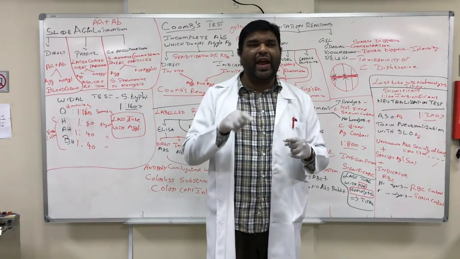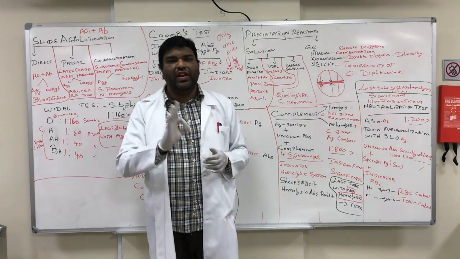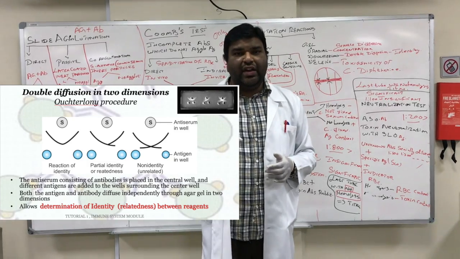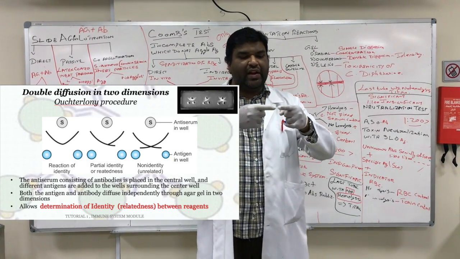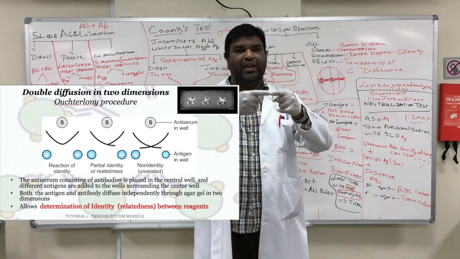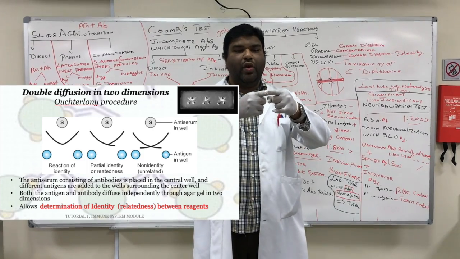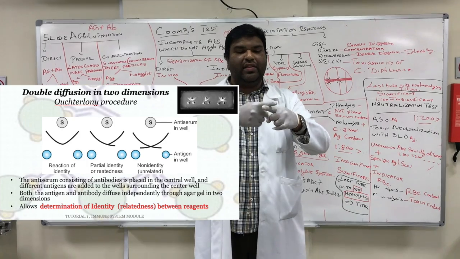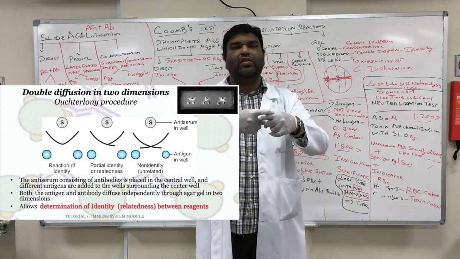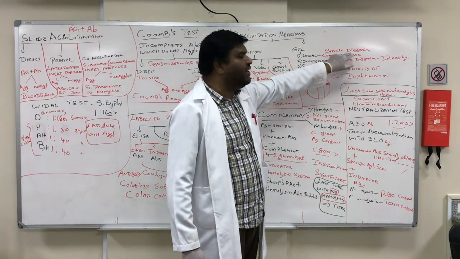You are going to differentiate three categories: identity, partial identity, and no identity. If there is identity, the two spurs will join in the form of a curve. If it is partial identity, one will pass through the other and form an arc. The third one makes a cross, and cross means no identity at all. You have to know the examples of this.